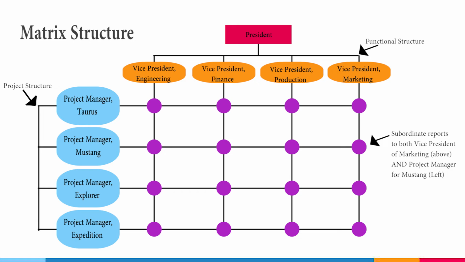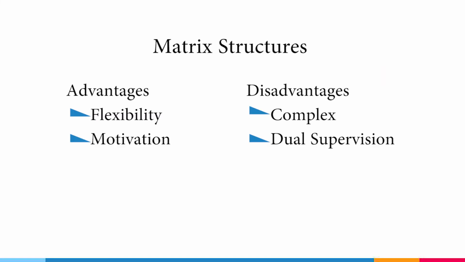Consider the example of Ford Motor Company pictured here. We see functional lines for engineering, finance, production, and marketing, but also project groups for the Mustang, the Taurus, the Explorer, and Expedition.